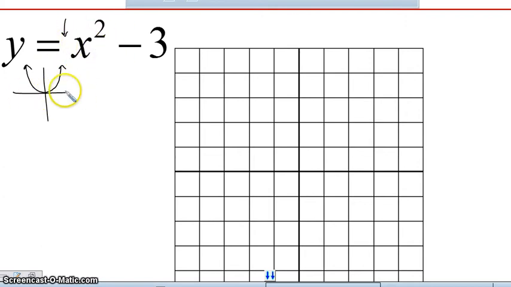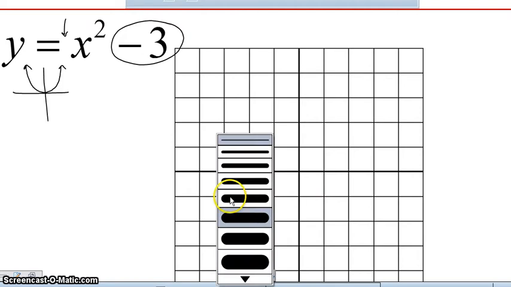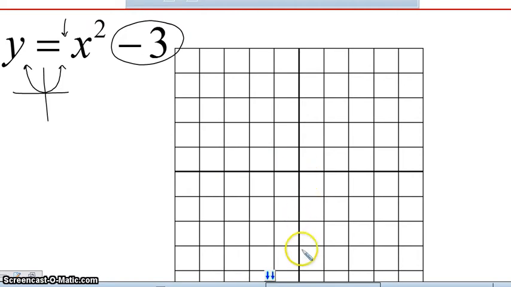So it's not moved left or right, it's just been moved down 3. 1, 2, 3. There's that, and it makes a U shape like that.